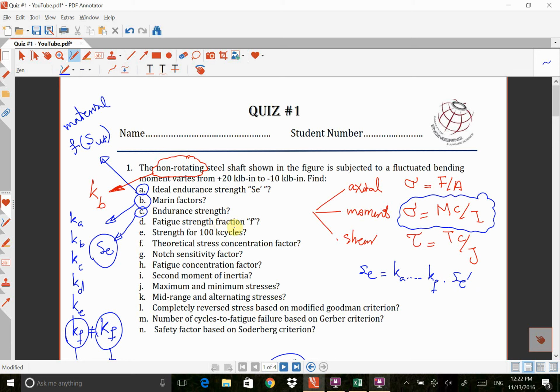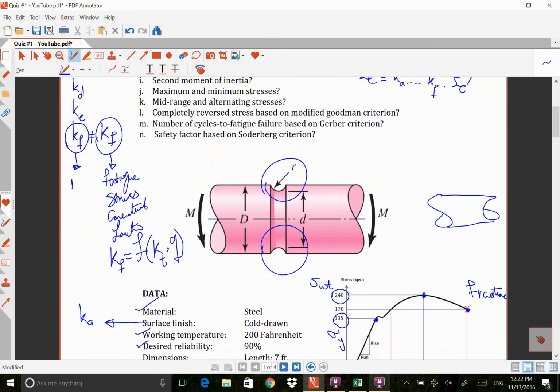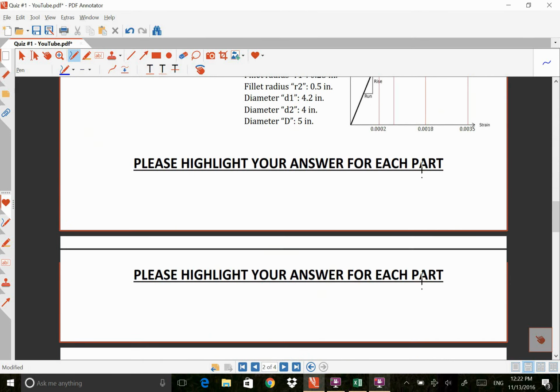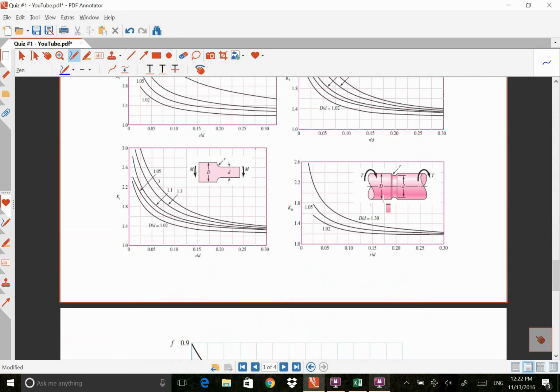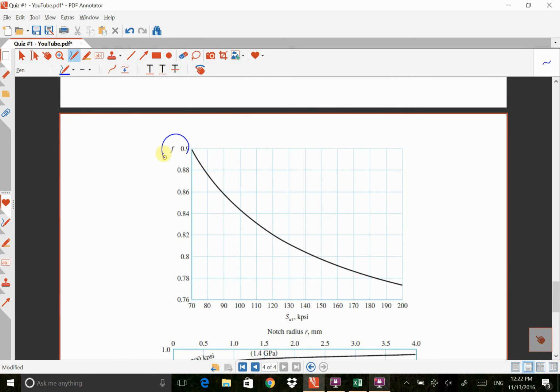Fatigue strength fraction. Okay, this F is a function of SUT. In this case, SUT is 240, and F can be found from a table. So we need to go to the appendix and find a proper table, which is this one. We are looking for this F, and because our SUT is somewhere here, 240.